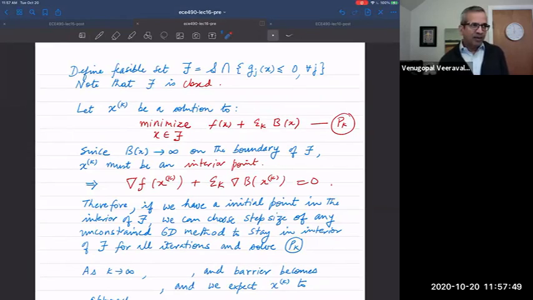But then there's a problem. We're not solving the original problem P, but we're solving Pk. But the nice thing is I can make this epsilon small.